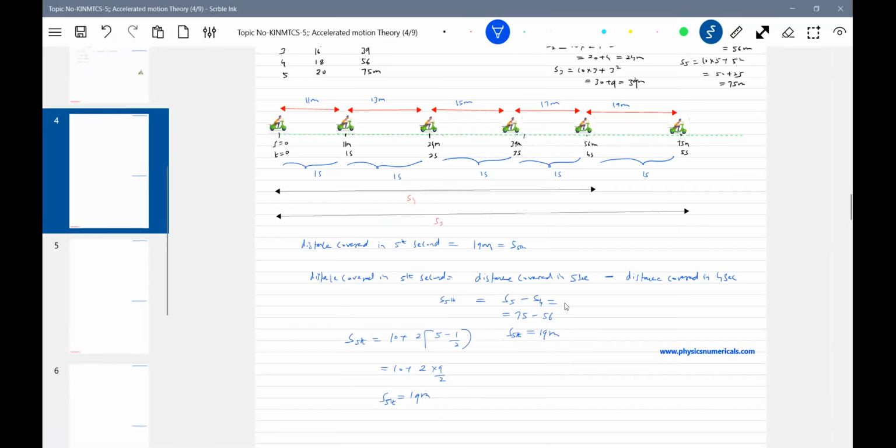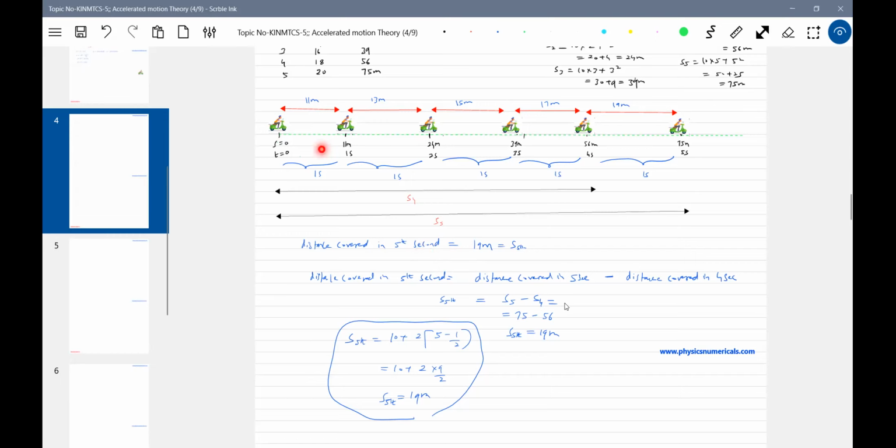So instead, this formula will help you a lot. Distance covered in the 5th second, directly substitute that formula. Or else you should find the distance covered for 5 seconds and for 4 seconds. The difference of that will be the distance covered in the 5th second.